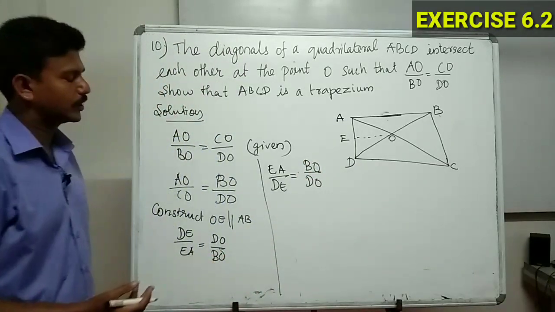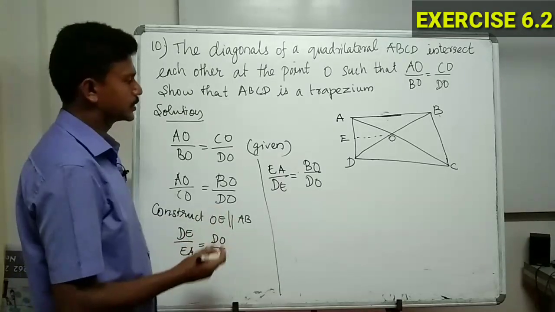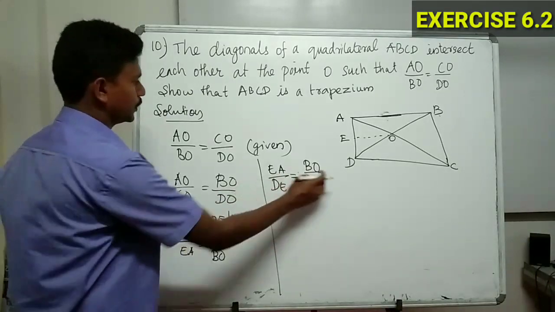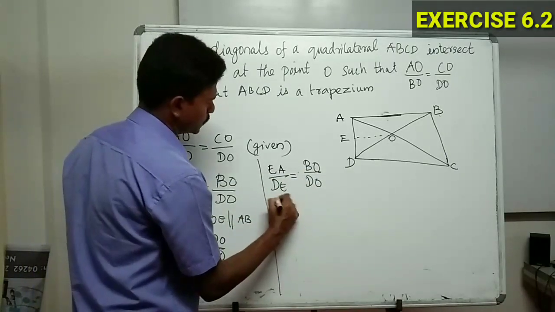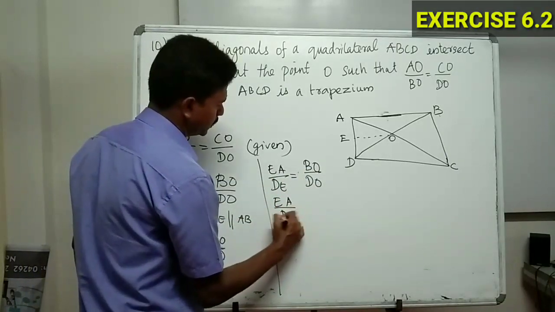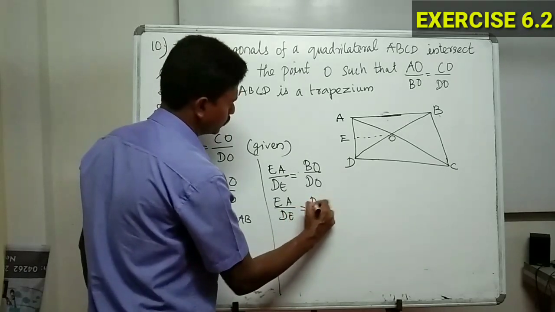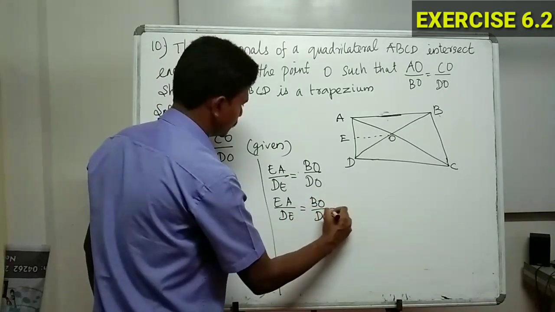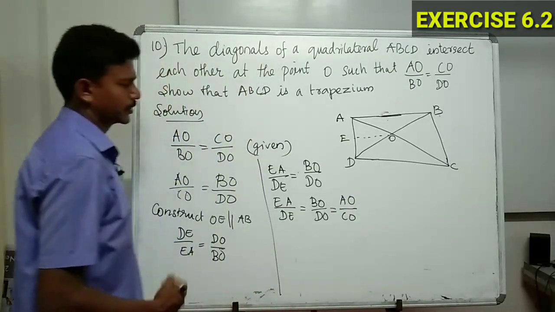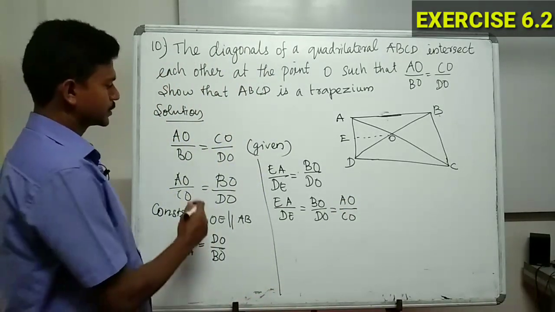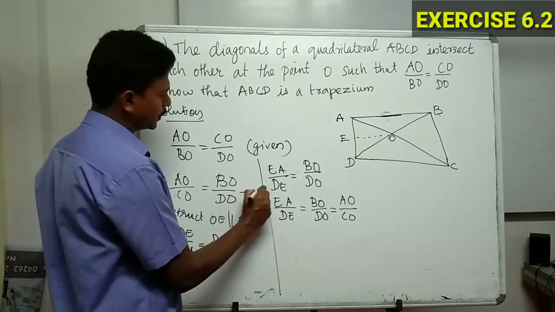So we have brought this one. Now these two are equal, and also we can equate this. So EA by DE is equal to BO by DO is equal to AO by CO. We can equate that, since this we can take as 1.